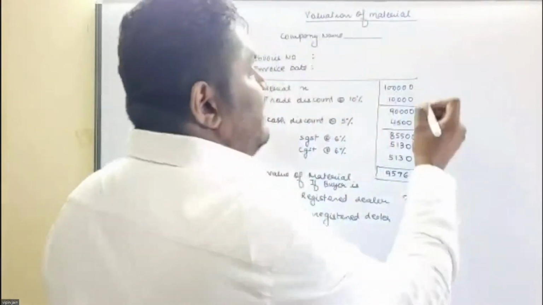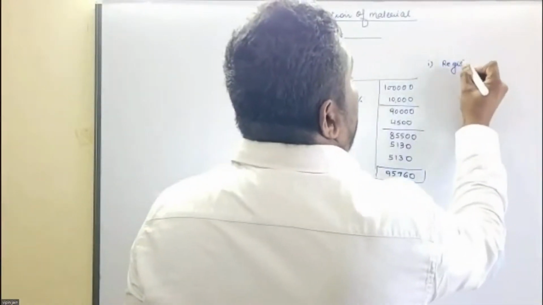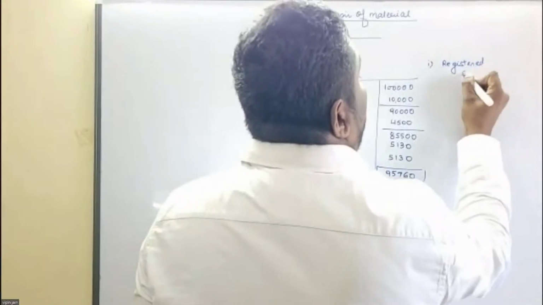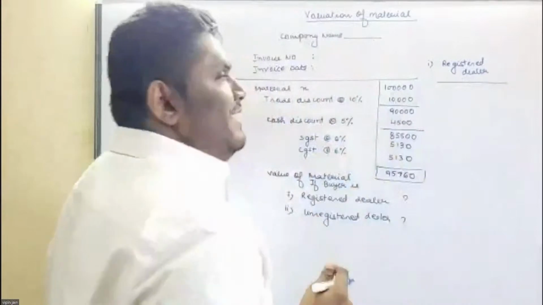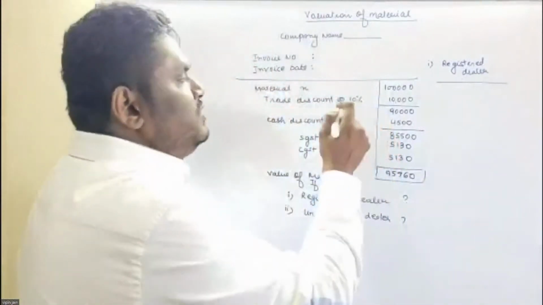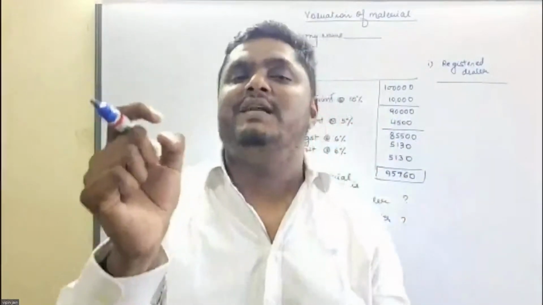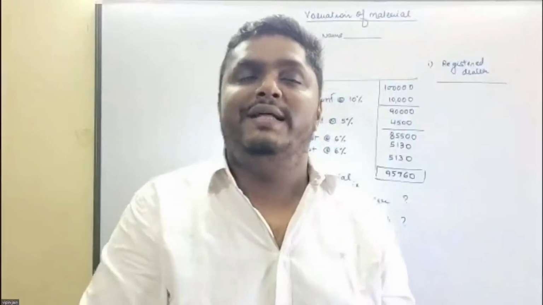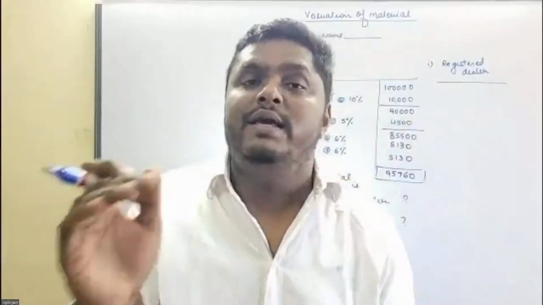So guys, when talking about the first part, that is registered dealer, the registered dealer gets the credit of GST. So the first point is trade discount. This needs to be deducted. So 1 lakh minus 10% trade discount is 90,000. Now second point is cash discount is not deducted.